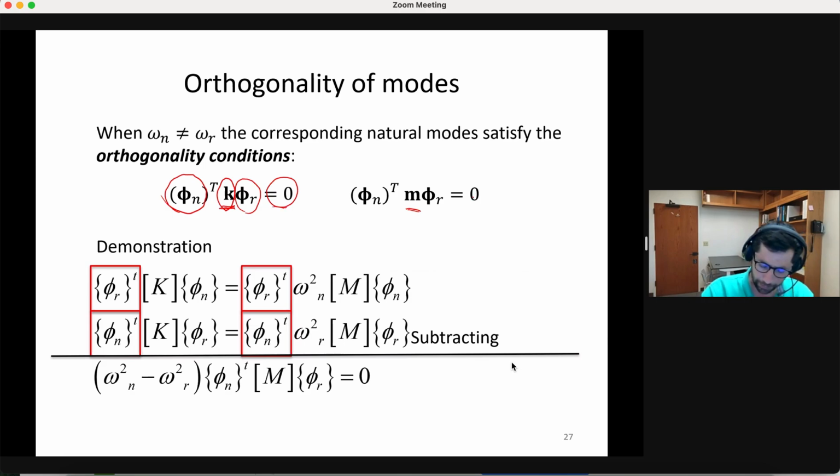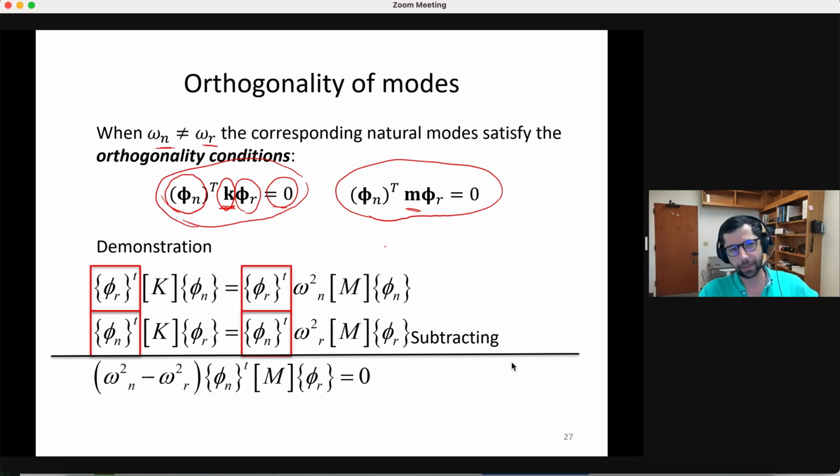The same applies if I perform the same operation using the mass matrix. So if I consider two generic mode shapes, N and R, and I perform these operations, I will get 0 as a result.